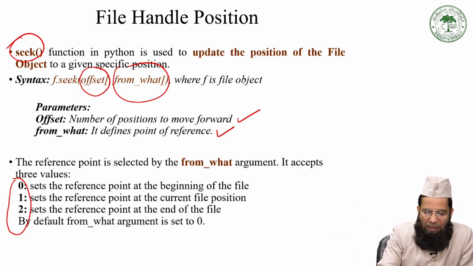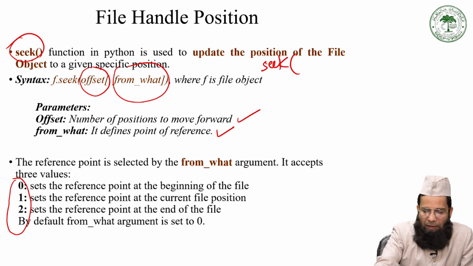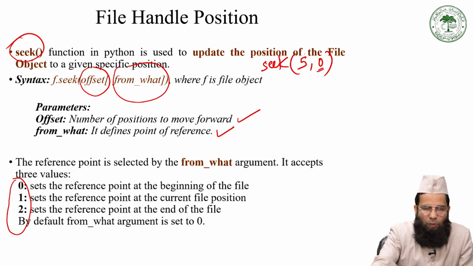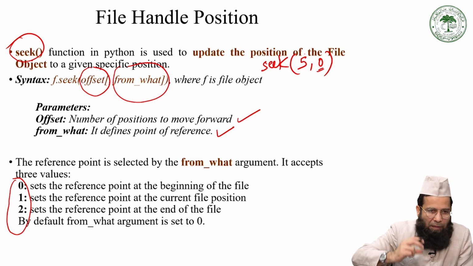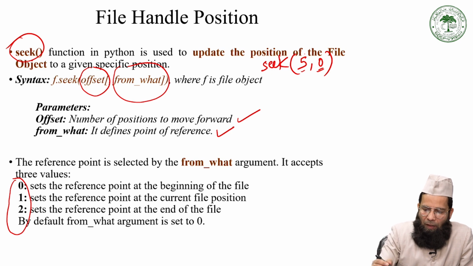So 0 means the reference point is the beginning of the file. If I write here seek(5, 0), it means from the beginning it will move my file pointer to offset 5. Now the file pointer would move to offset 5. Similarly, if you provide 2, it means you are at the end of the file, and a positive offset is not valid in this case.